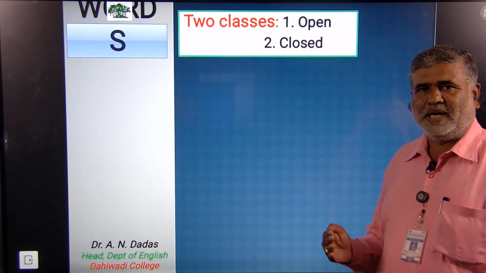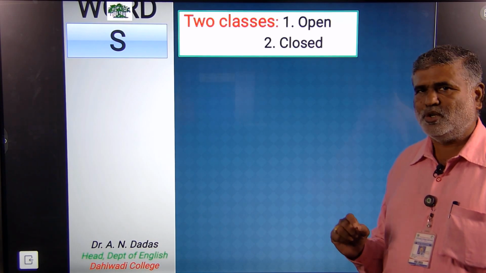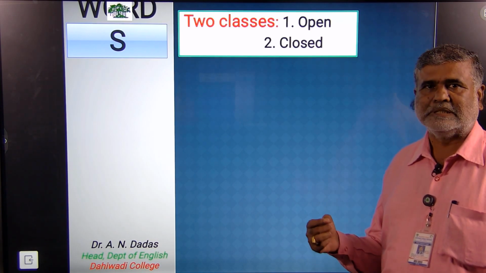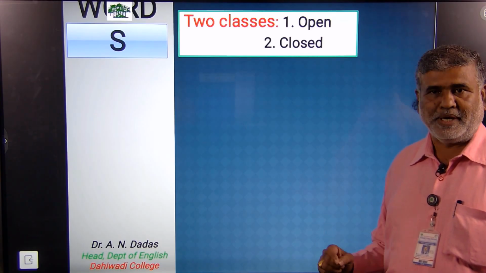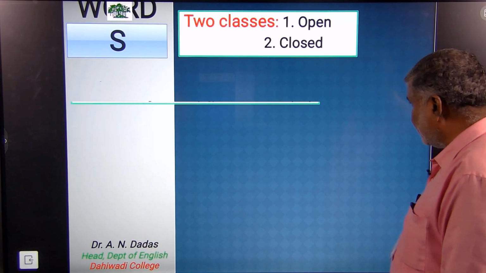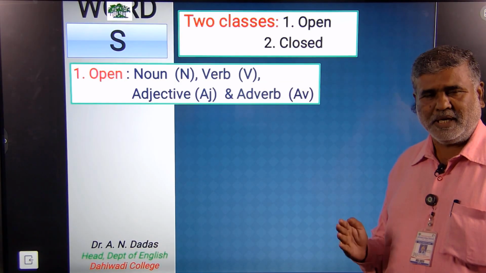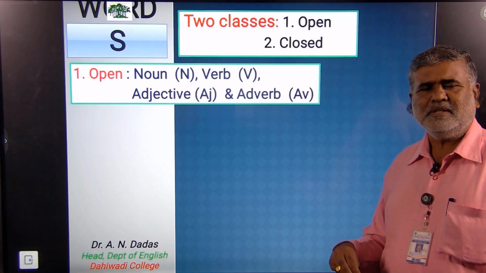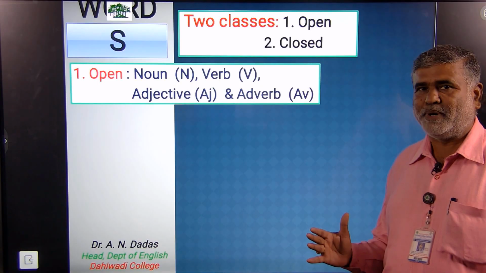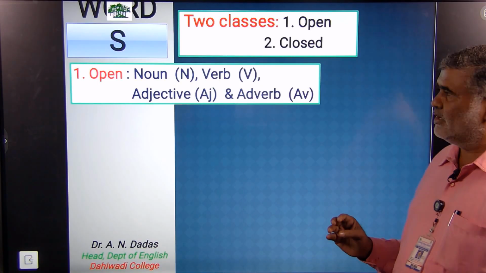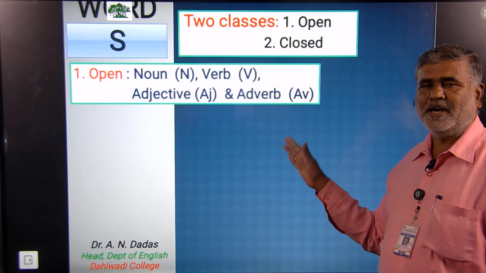When we say words, there are two classes of words. Number one, open class words, and the second one is closed class words. When we consider open, why is it called open? Here you can add any word that can function as such, and in this category we have noun, verb, adjective and adverb.